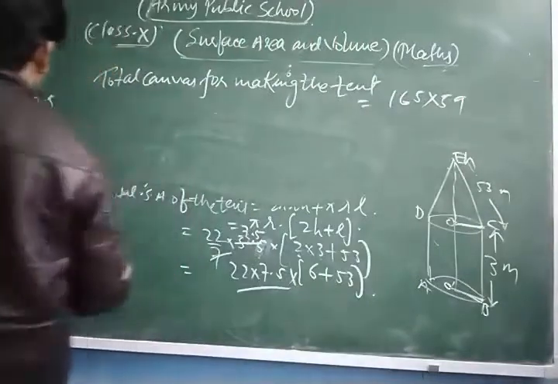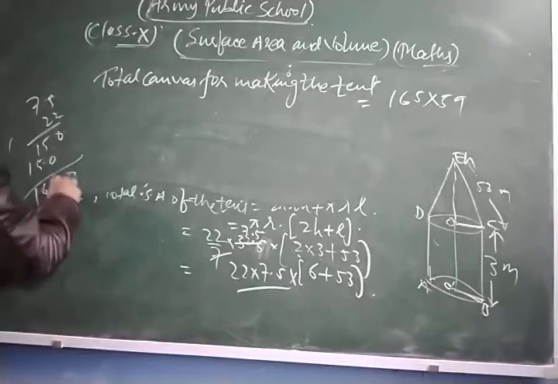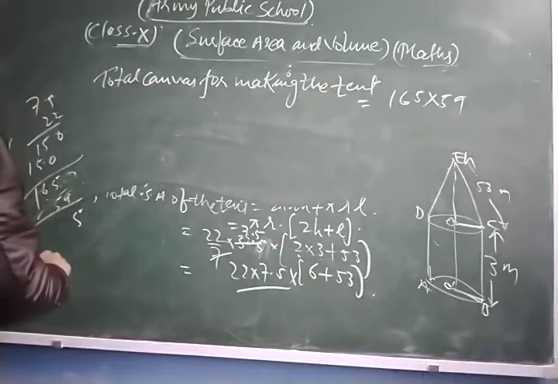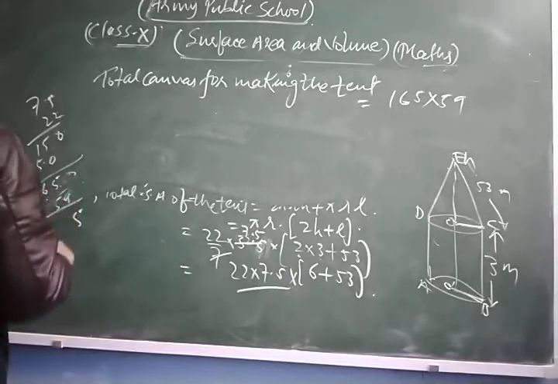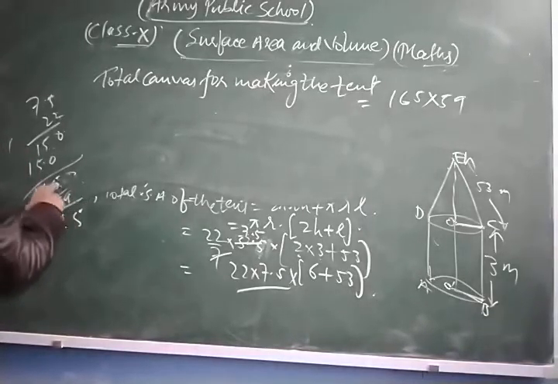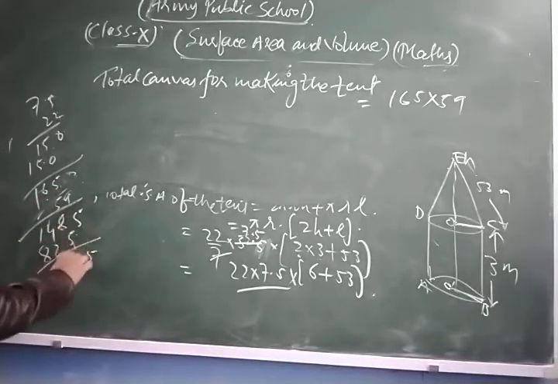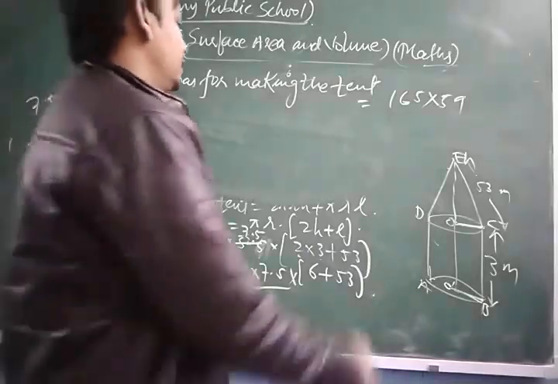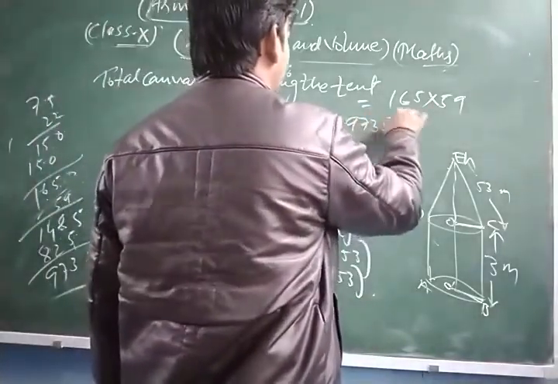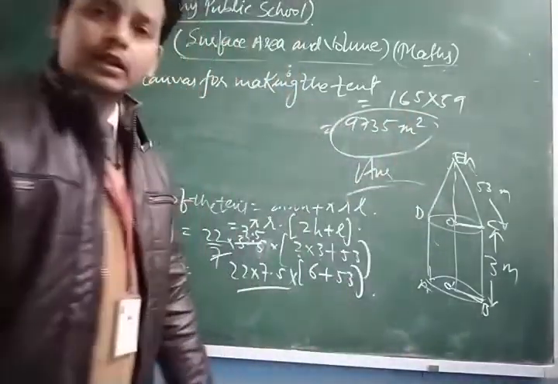Now we multiply 165 by 59 and add them, and we get 9735 meter square. So dear friends, this is the required solution of the given question.